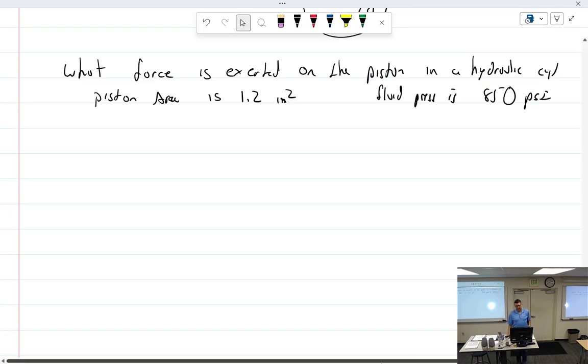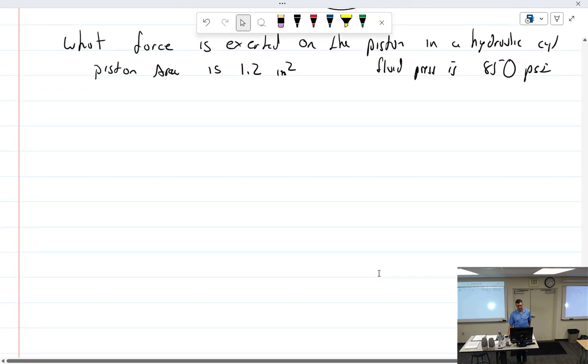You haven't had really fluid dynamics, but it's not a hard one. First of all, we figure out, what does psi mean? Pounds per square inch.